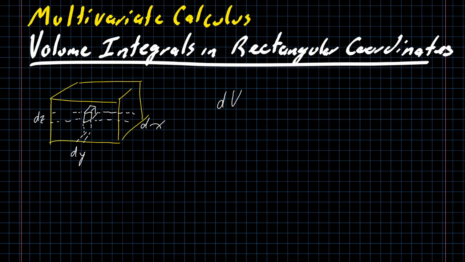And all told, that little piece of volume is a rectangular prism. So you calculate its volume as length times width times height, dz, dy, dx. And from here we can use Fubini's theorem the same way we had for area integrals in order to turn a volume integral into iterated integrals and solve from there.